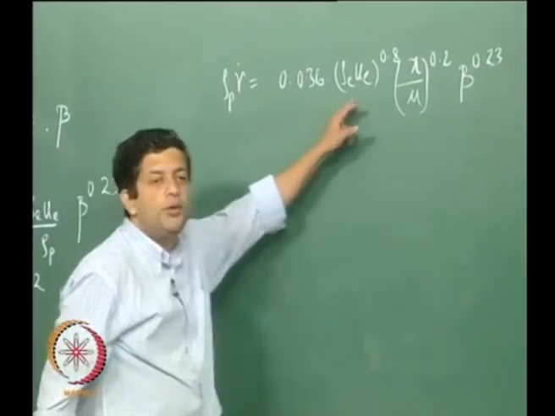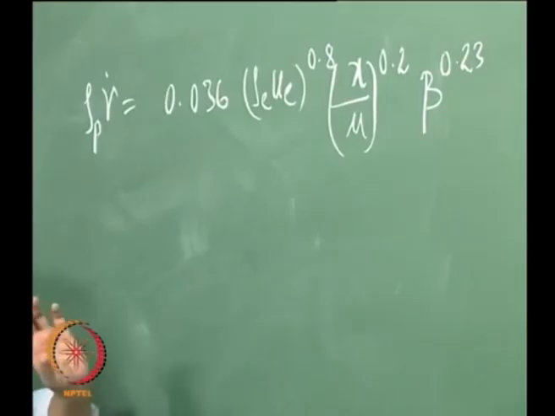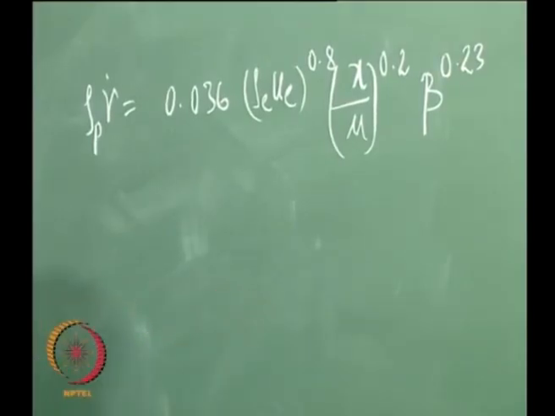what is rho e ue? Rho e ue is nothing but the mass flux in the port, right?